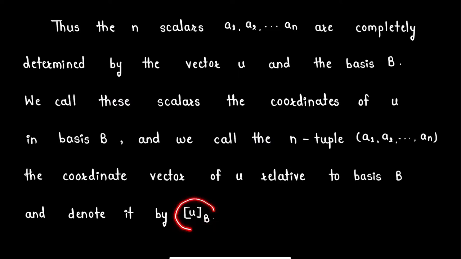That is, this is the symbol for the coordinate vector a1, a2, up to an of vector u with respect to basis B in vector space V.